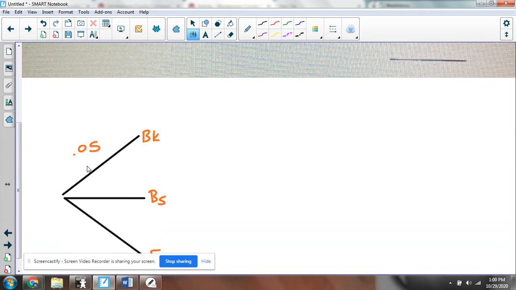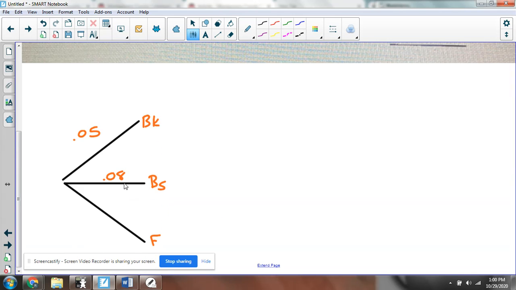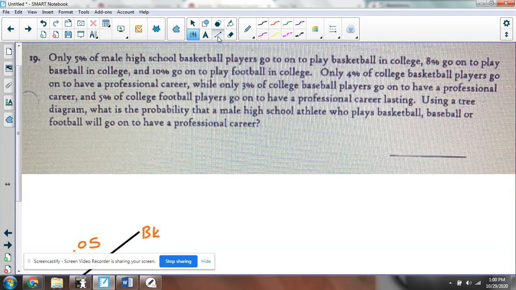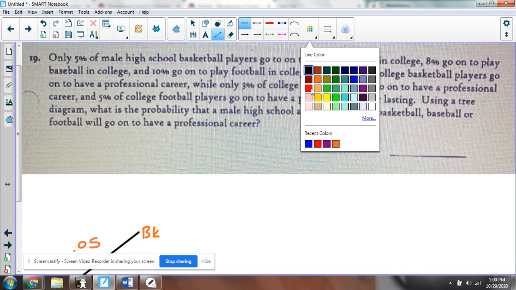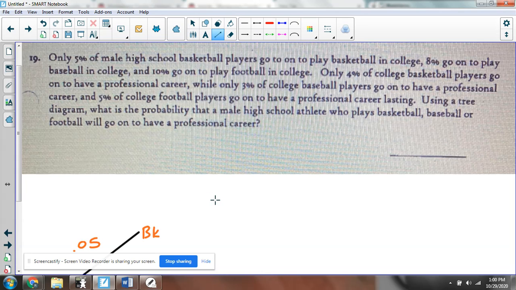Chance of being a baseball player is 8%, 0.08. And football player is 0.1. So of all the college basketball players, what percent go to professional careers?